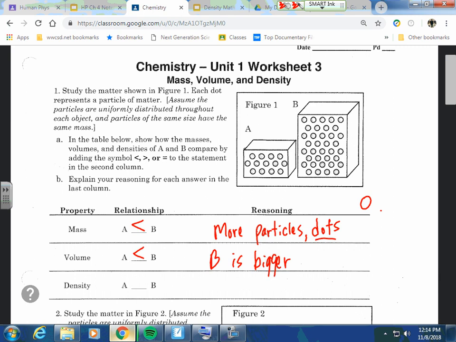Raise your hand if you do not think that they have equal densities. Okay, so equal. Why? Spacing of dots the same. Cool, so there's our density concept.